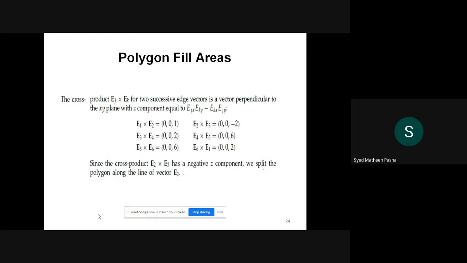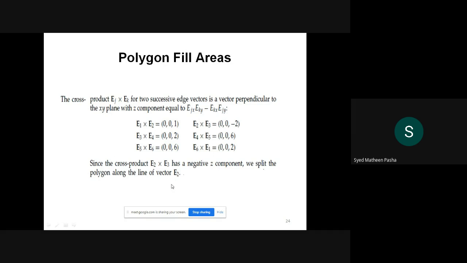Then once we got the edges with respect to vertices, we'll take the cross product of each and every edge, which I can represent in this formula: ej into ek, that is nothing but e1 into e2, e2 into e3, and so on till edge 6. Once I calculate the cross products, we'll check which cross product yields the negative component. We'll split that polygon along the line with respect to another edge.